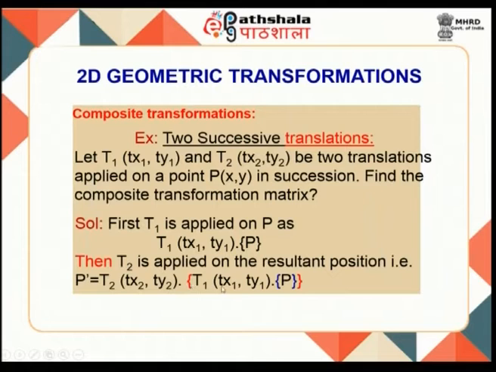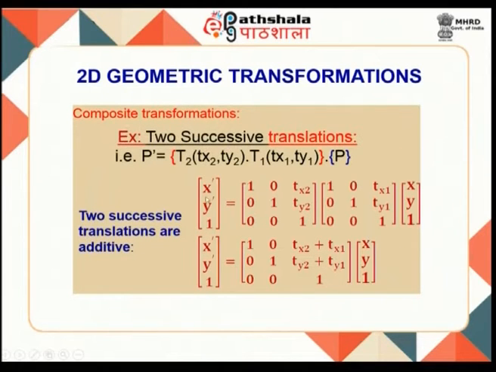The red ones indicate that first T1 is applied on P, and on the result, which is a 3 by 1 matrix, we apply T2, and the final result is stored in P dashed. Now, if you see this step here, we are writing the same equation, but with the braces placed alternatively. You see these curly braces here, the red ones particularly.